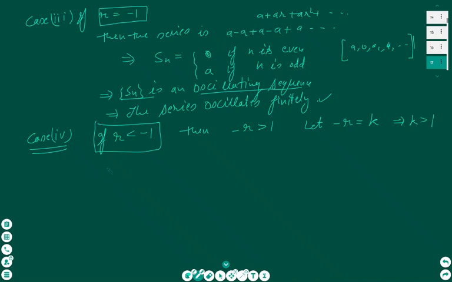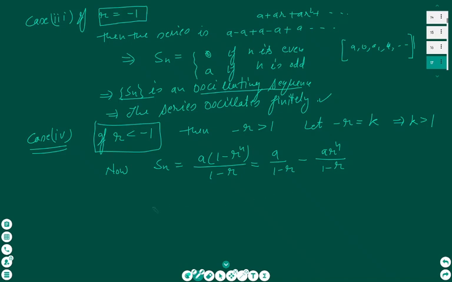Alright, now the sum of first n terms of the series is given by a into 1 minus r to power n over 1 minus r. Alright, this is equal to a over 1 minus r, minus a r^n over 1 minus r. All right.